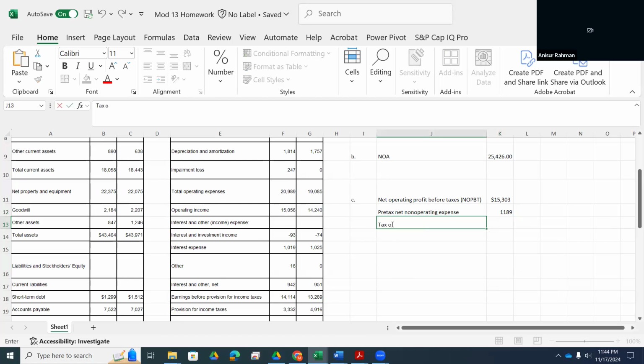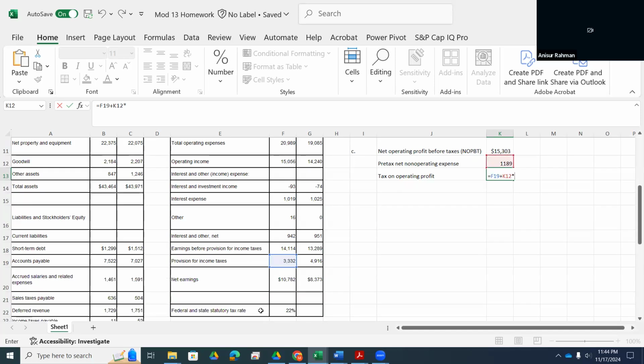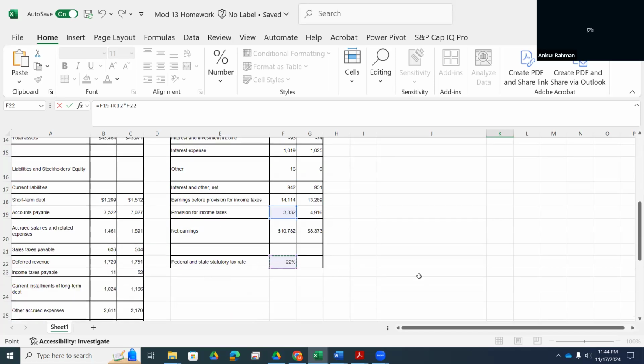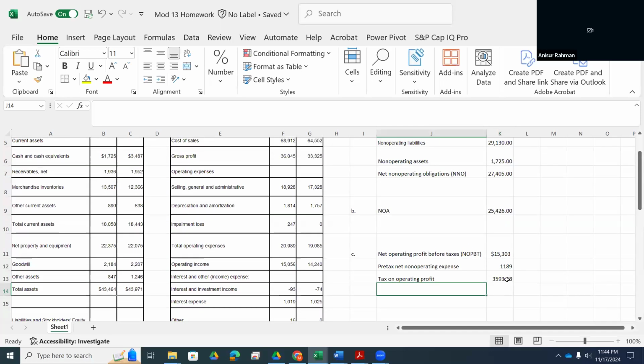Now, tax on operating profit will be my tax expense, which is these, plus pre-tax net non-operating expense multiplied by the tax rate, which is 22%. So this is our taxes on operating profit. Now, net operating profit after taxes.